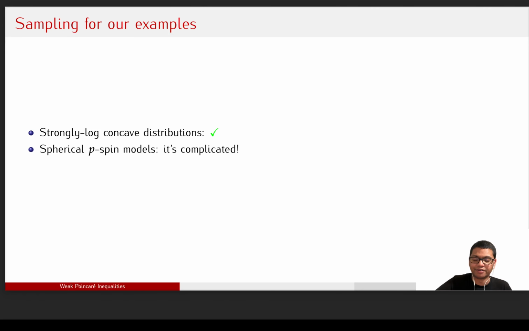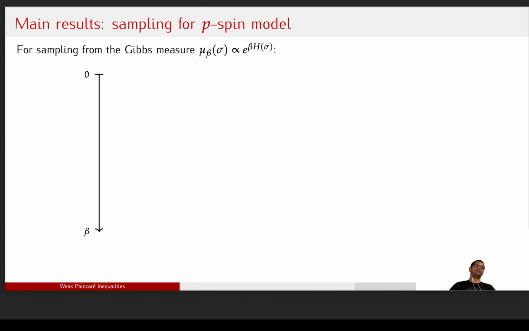Okay, so in the examples that we considered, in the case of strongly log concave distributions, you could simply run the vanilla Langevin dynamics algorithm from any initialization, and it would indeed mix fast and give you a sample. But the terrain for the spherical p-spin model is a little bit more complicated. So let's build up the picture of what we do know for sampling from this p-spin model on the sphere.